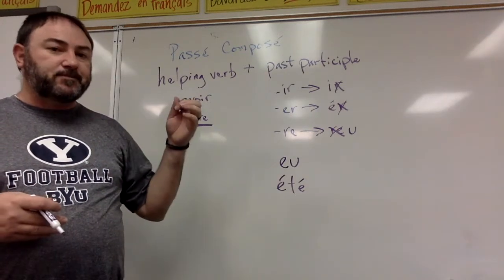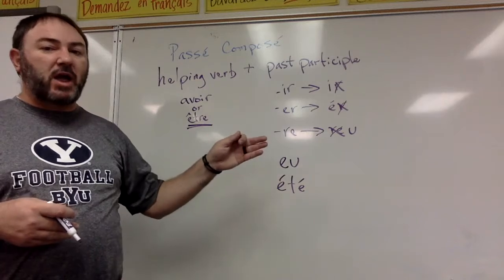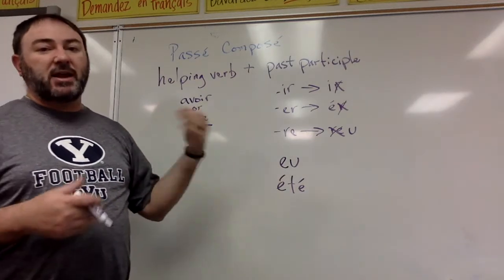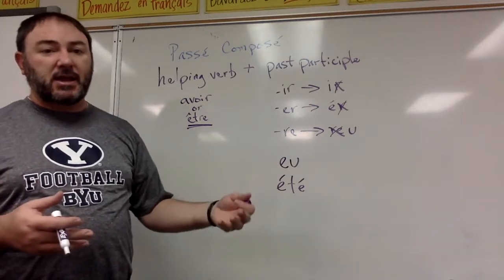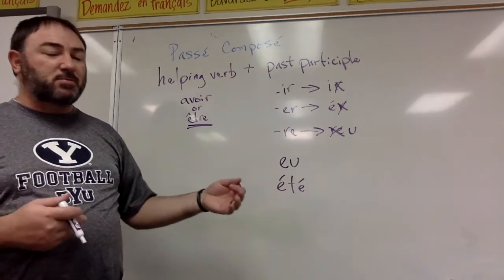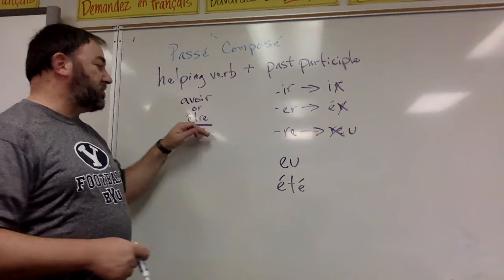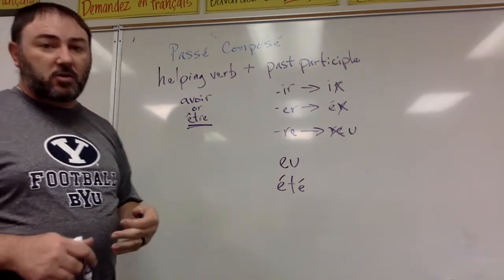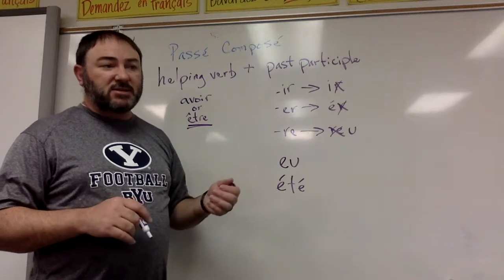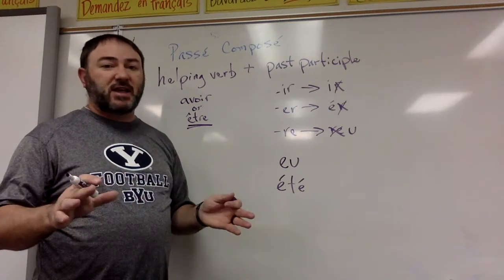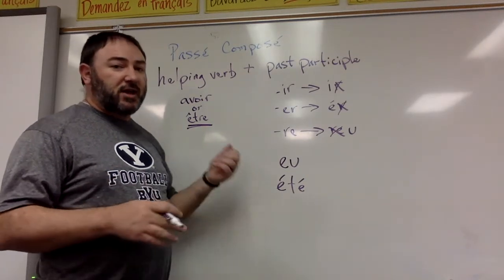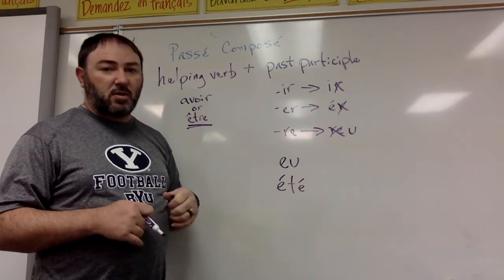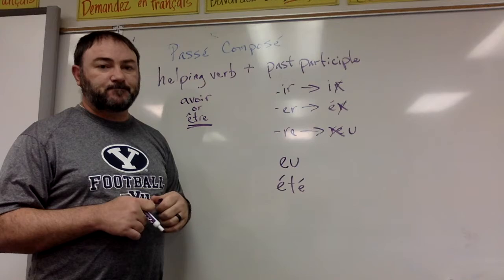You make it agree the exact same way with the past participle as you do with adjective agreement, adding an E, adding an S, adding an ES on the end of the past participle. So only when it uses être though. If it uses avoir, you do not need to make agreement with the past participle. The past participle just stays the way it is. But if it's a verb that uses être, then you must make agreement with the past participle.